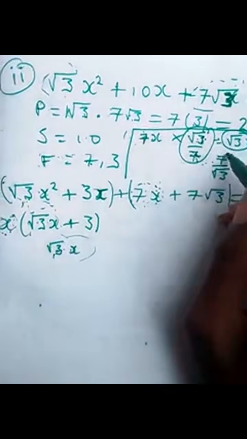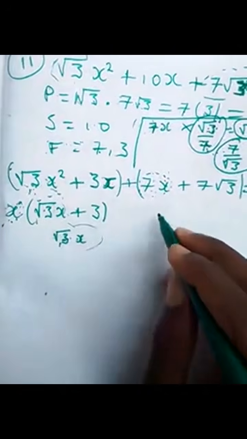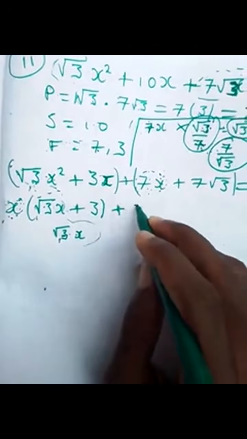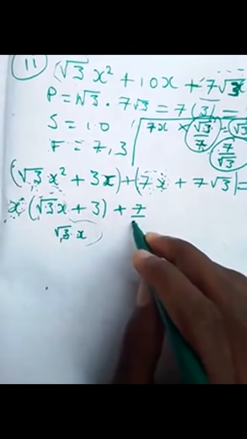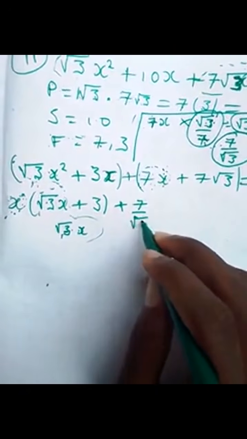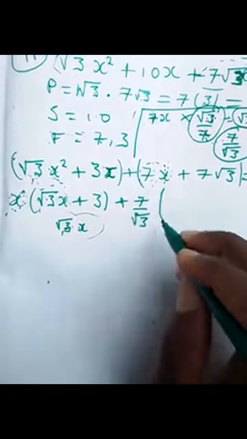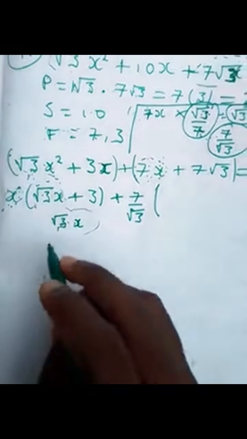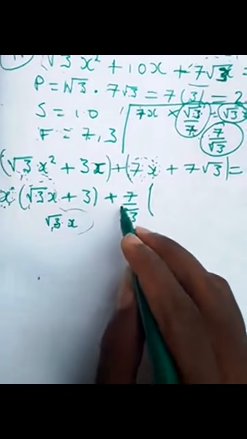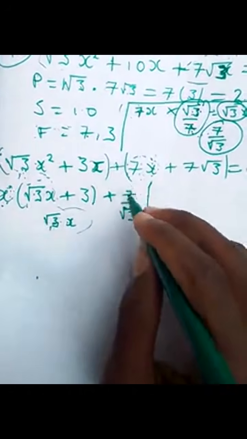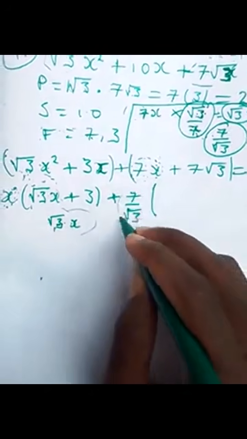Okay, so this is the value which I'm going to put outside. So I'm going to say plus 7 over square root of 3. Okay, so remember we are factoring out. When you are factoring out, it's like we are dividing this one throughout.